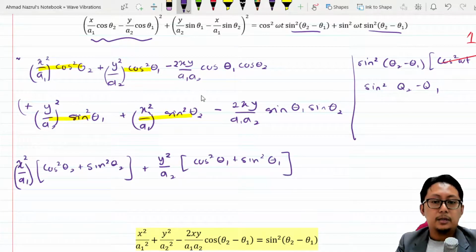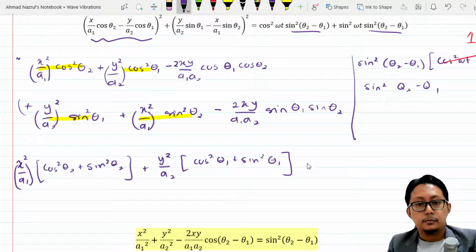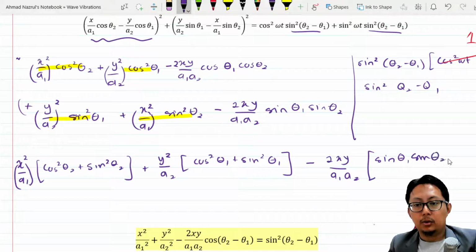Then we have here minus 2xy over a1 a2, same, factorize here, times sine theta 1 sine theta 2 plus cos theta 1 cos theta 2.